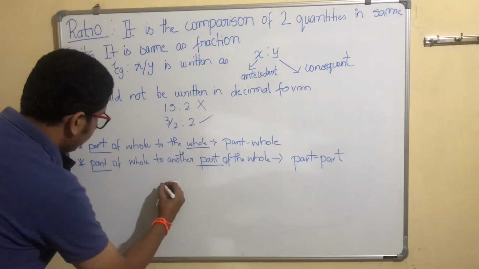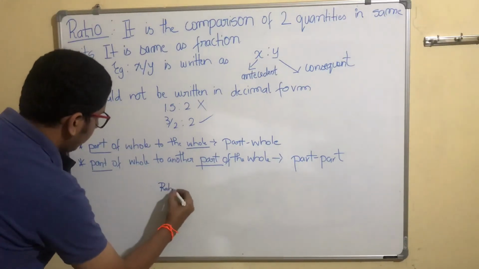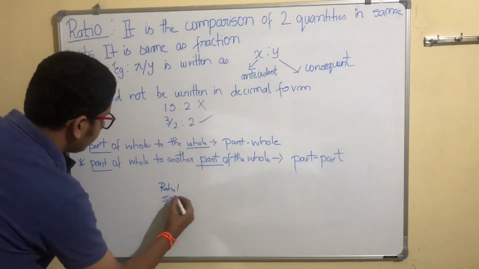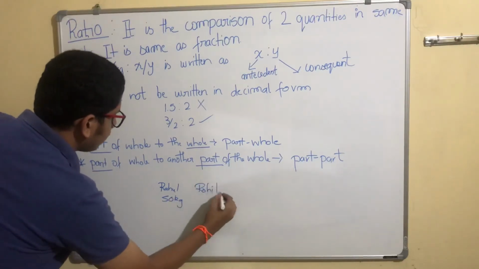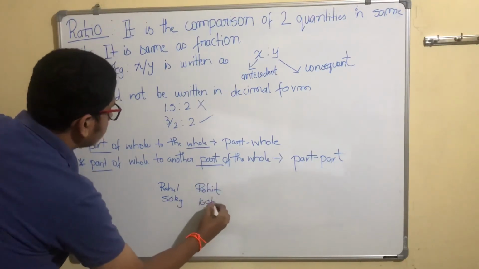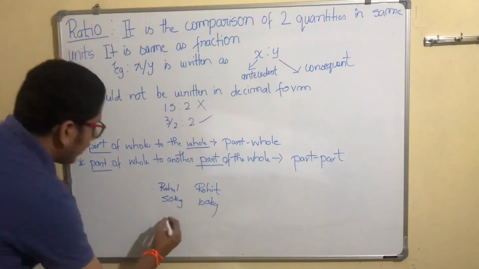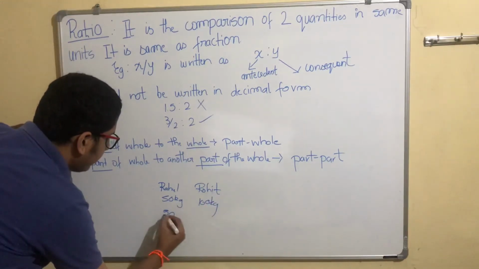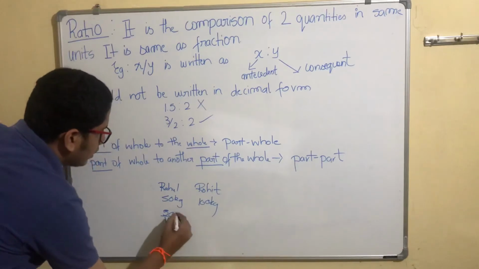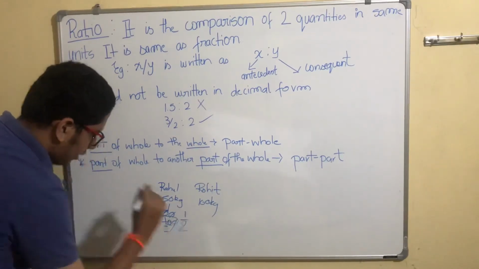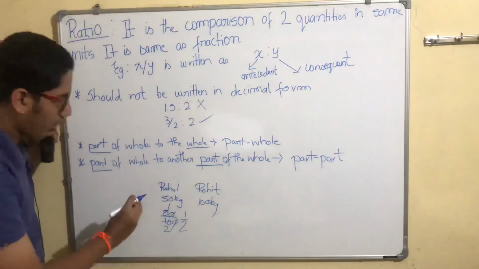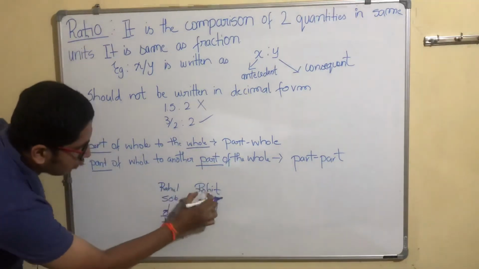Let's say there is one person, Rahul, whose weight is 50 kg, and one more person, Rohit, whose weight is 100 kg. So how will we write this as a ratio? 50 by 100. Cancel the zeros, 5 ones are 5, 5 twos are 10, so 1 by 2. We can write it this way, 1 by 2, the ratio of Rahul's weight to Rohit's weight.